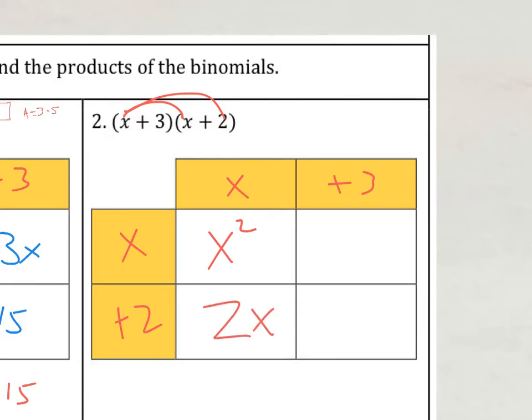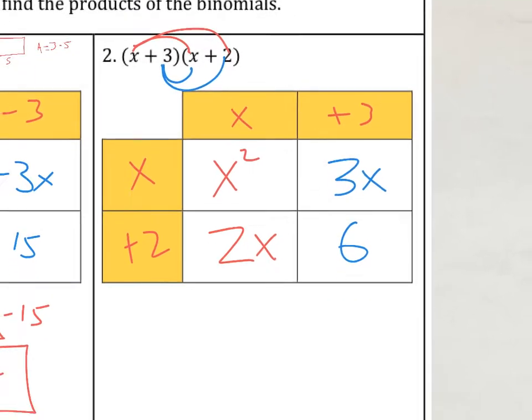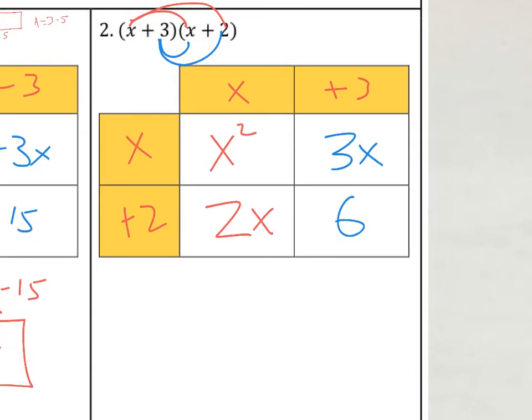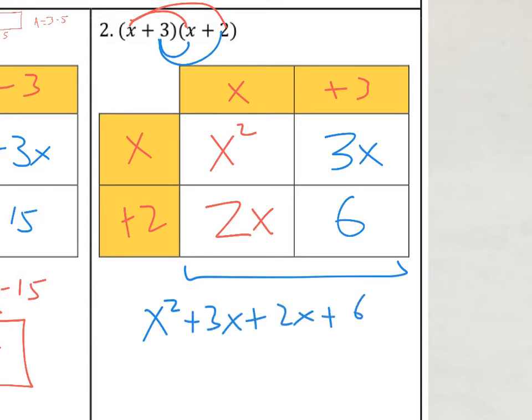We have this 3 here times x, so we get 3x. And we've got the 3 times the 2. 3 times the 2, like a multiplication table, gives us 6. And there's all the ingredients, all the pieces. So from here we get x squared plus 3x plus 2x plus 6.